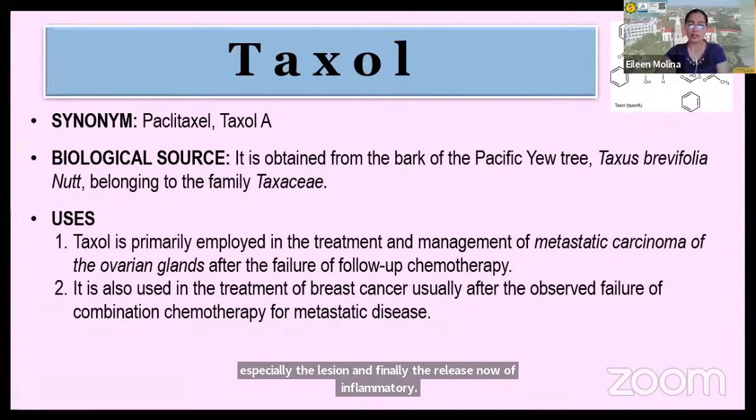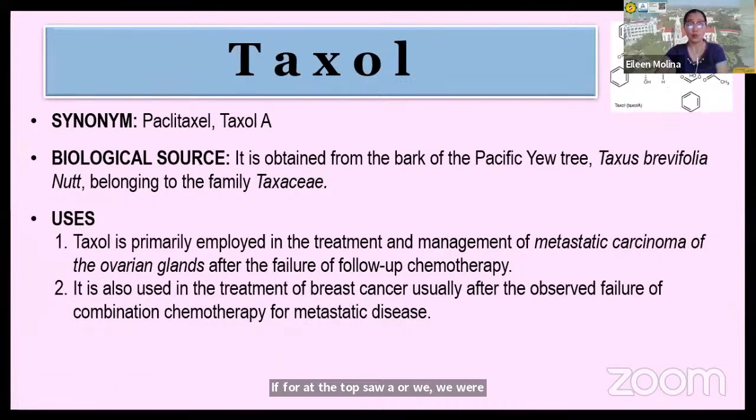For Taxol, or Paclitaxel, it is obtained from the bark of the Pacific yew tree, belonging to the family Taxaceae. Taxol is primarily employed in the treatment and management of metastatic carcinoma of the ovarian glands after the failure of follow-up chemotherapy.